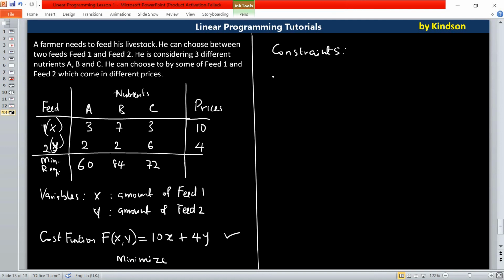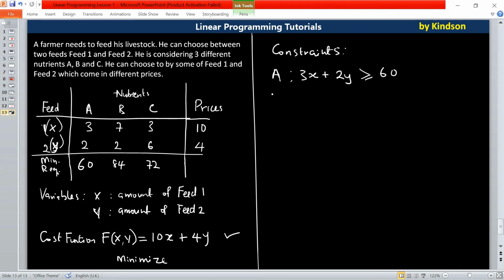So for A, the minimum is 60, so we have 3x plus 2y. The minimum is 60, so it has to be greater than or equal to 60.